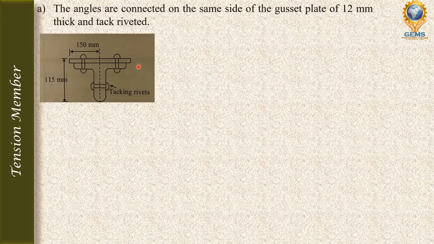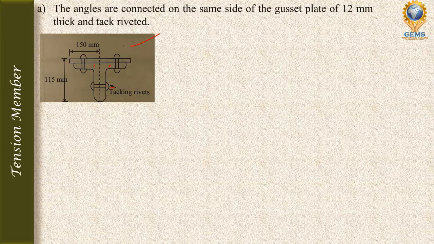The first condition is the angles are connected on the same side of the gusset plate of 12 mm thick and tack riveted. So this diagram shows how it is connected. It is connected on the same side, two angles, and we are using the tack rivet. The connected length is 150 mm and the other one is 115 mm.